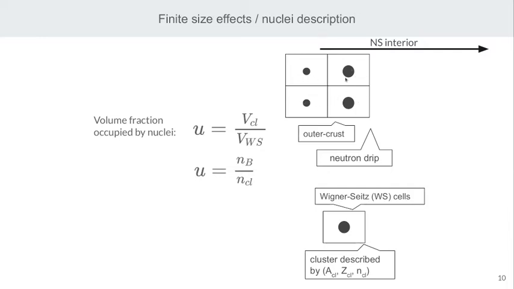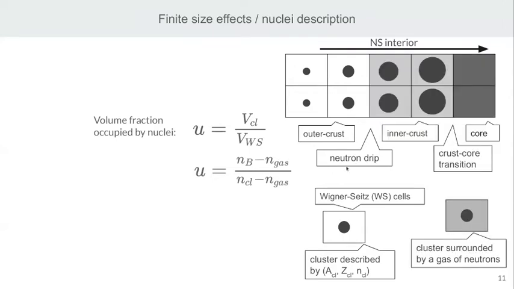And as we increase the density, increase the size of the nucleus, we also have this region that we call the neutron drip, where some neutrons start to drip out of the nucleus, and we have a region that we call the inner crust of the neutron star, where we have coexisting nuclei with a gas of neutrons. So it's a cluster surrounded by a gas of neutrons in the inner crust.